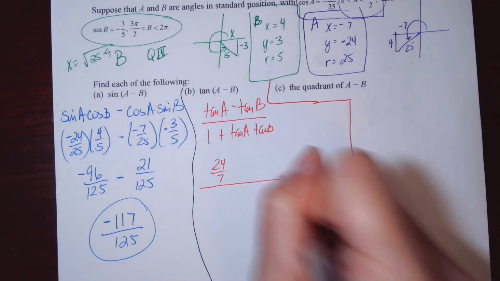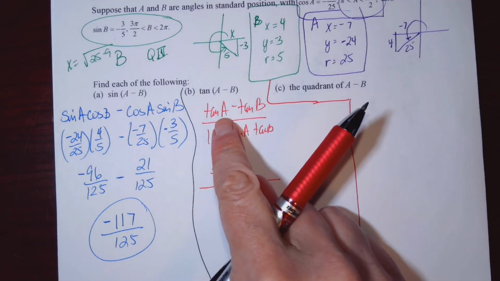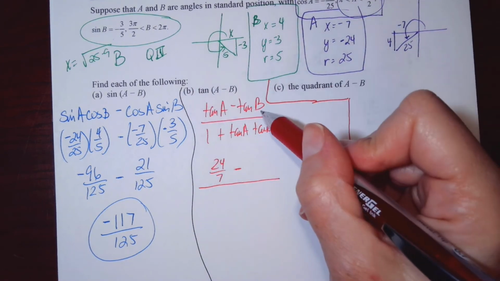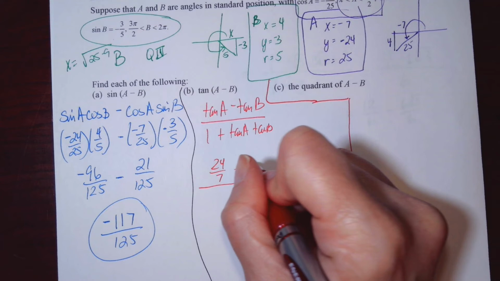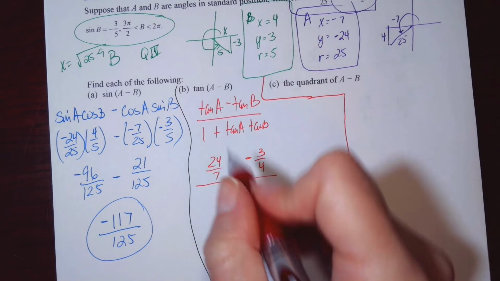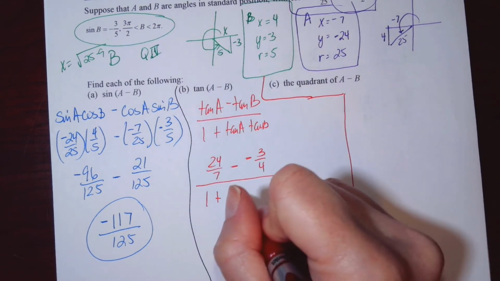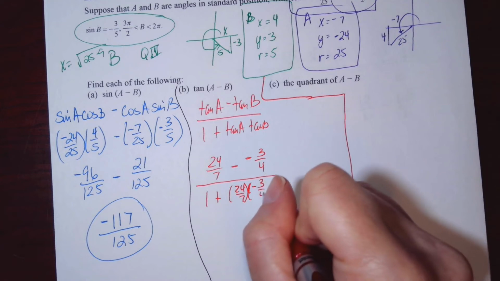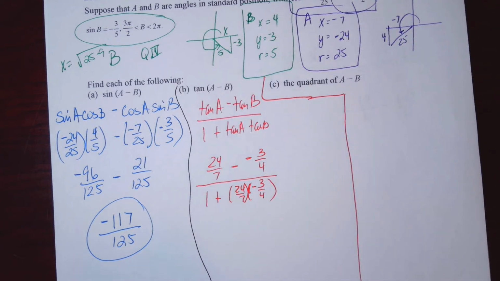You can also think of it as tangent is y over x. So for angle A, y over x. Minus tangent of angle B, y over x, is a negative 3/4. So that becomes a plus, 1 plus, and then I have to find the product of those two tangents.